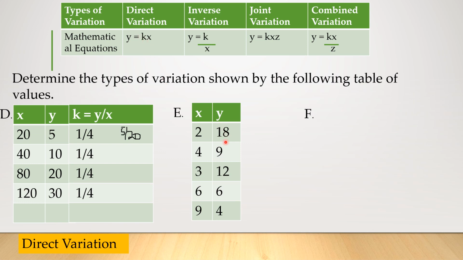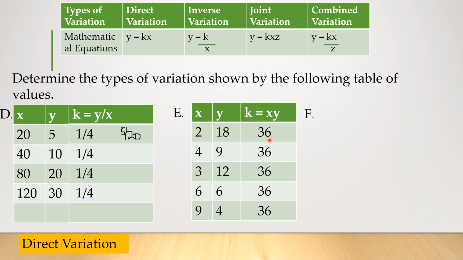It means divide. 18 divided by 2, that is 9. 9 divided by 4 is not 9. Since they are equal to the constant k, which is 36, this means this is inverse variation. You see, you can arrange these values of x, and it will show that as the x increases, the y decreases. Okay? So there is a trick given there.